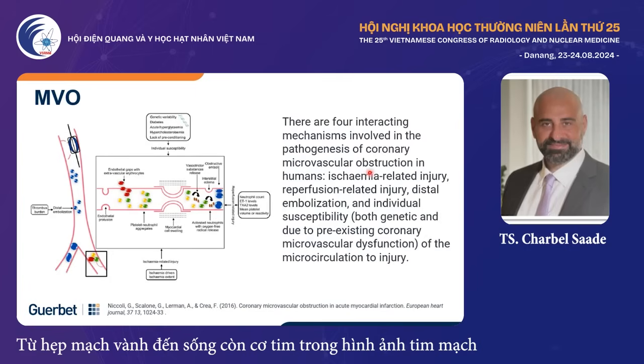Really, there are 4 interacting mechanisms in microvascular obstruction. Usually there's ischemia-related injury, where you actually see it coming from here, distal embolization, and of course individual susceptibility, both genetic and due to pre-existing coronary circulation. And then of course you have your genetic variability, diabetes, which could be a problem, as well as reperfusion-related injuries.